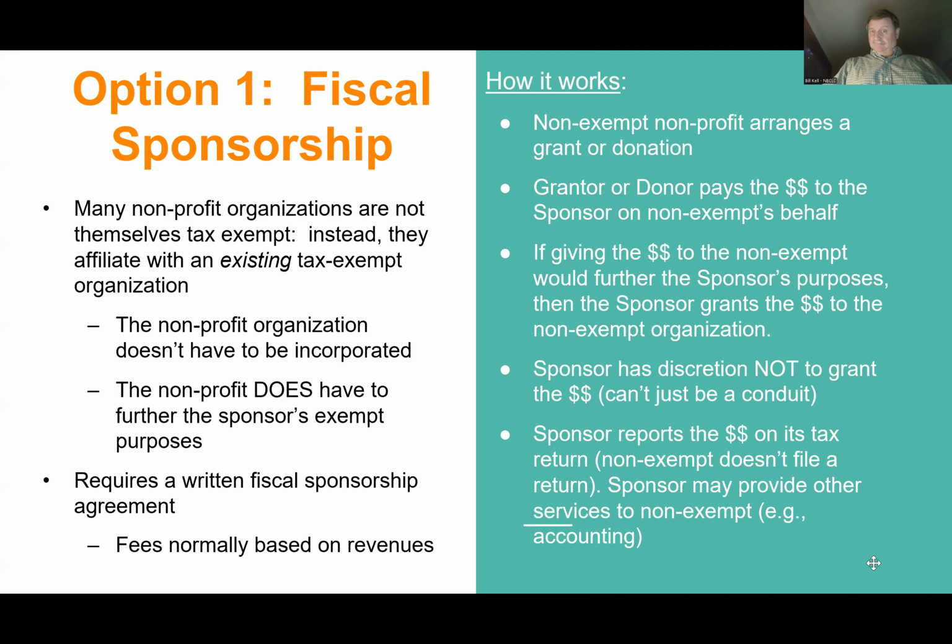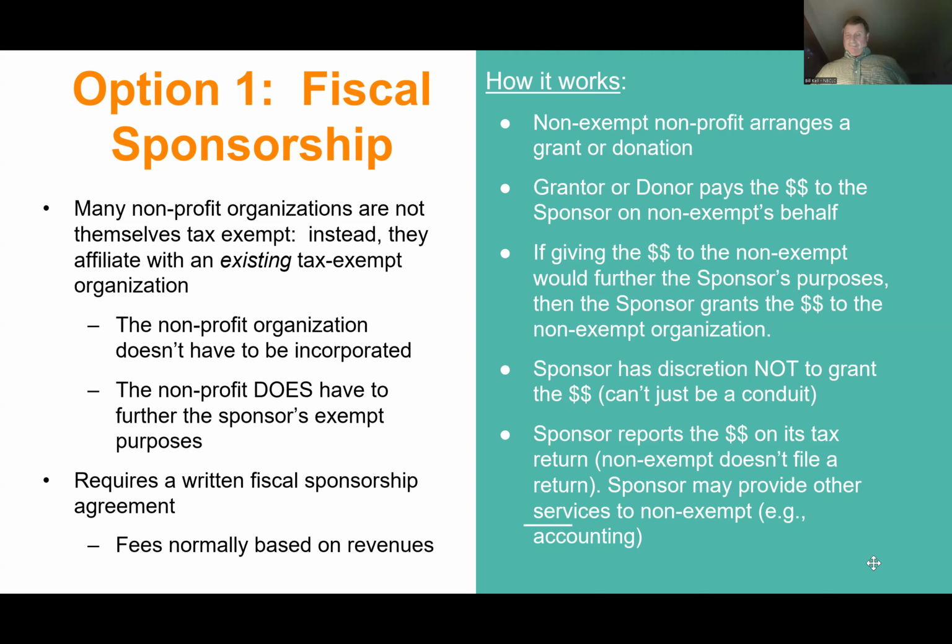In practice, as I said, the non-exempt nonprofit, so that would be you, arranges a grant, and then the grantor or donor pays the money to the sponsor, the organization that does have the tax exempt status, on your behalf. Then, if it would further the sponsor's purposes, the sponsor grants the money back to you.